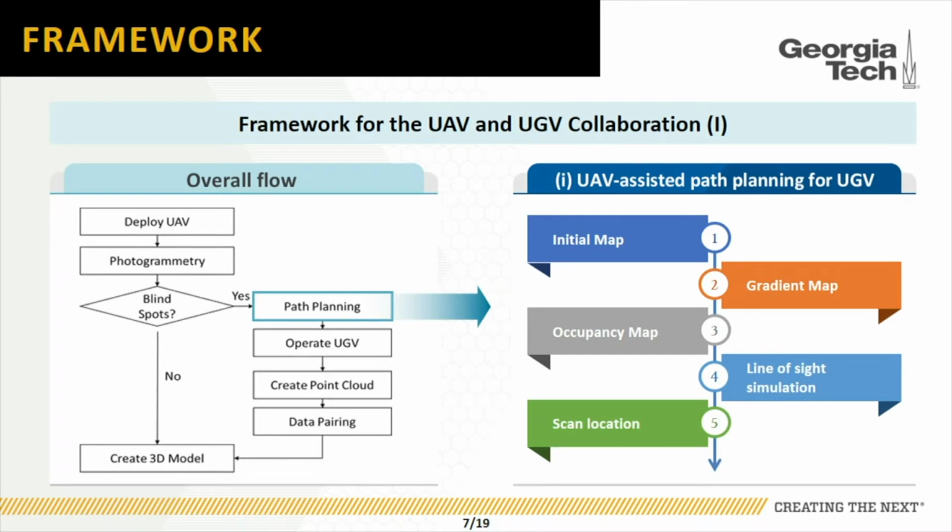And then based on line of sight simulation, using ray tracing, we can find the optimal scan locations for the UGV to stop and scan the site, so that we can maximize the point we get from the laser scan and to avoid occlusions.